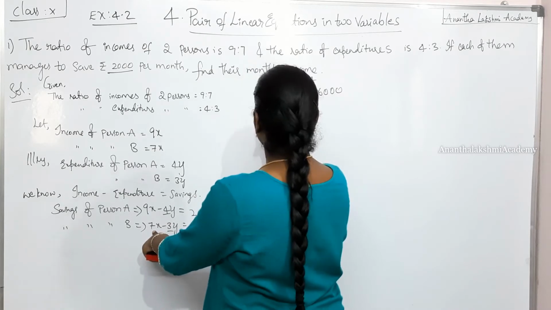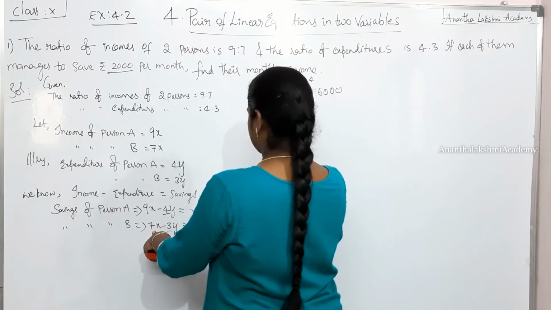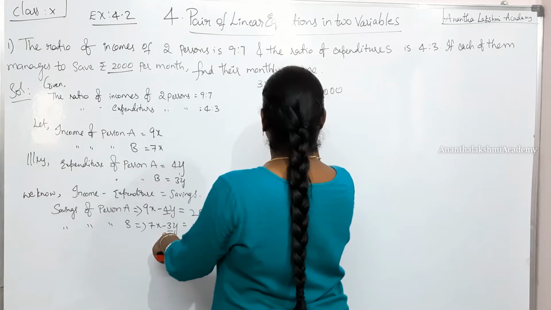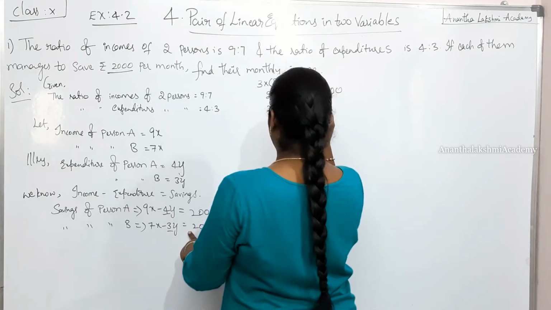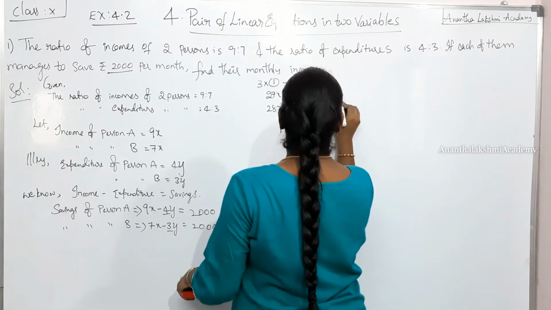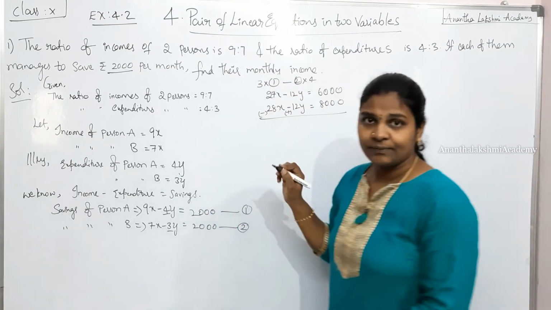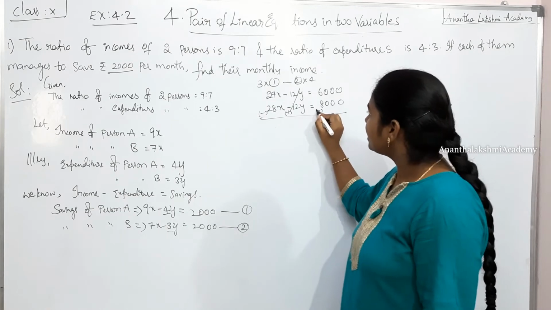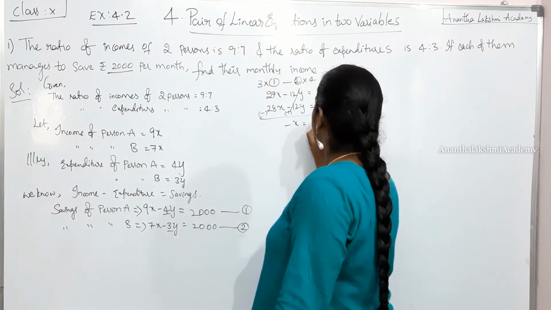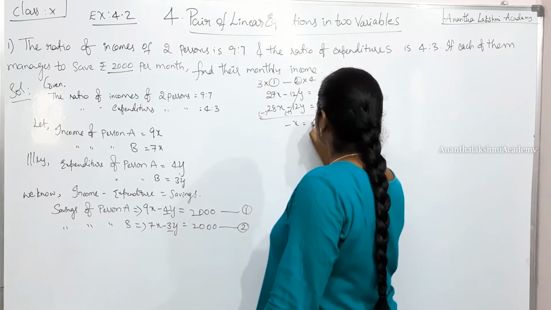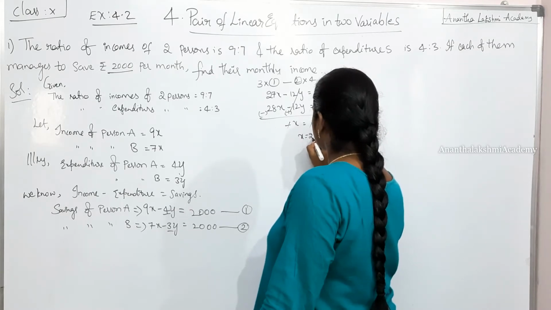Likewise, 7 multiplied with 4, 28x minus 3 4s are 12y is equal to 4 2s are 8000. So for the subtraction, the signs get changed and this becomes minus x is equal to minus 2000. X is equal to 2000 rupees.